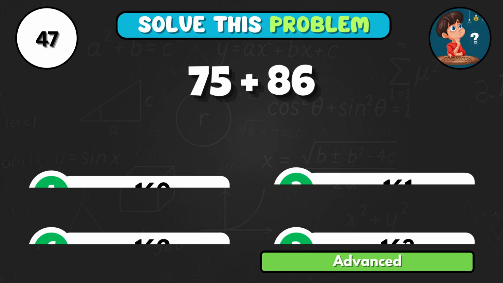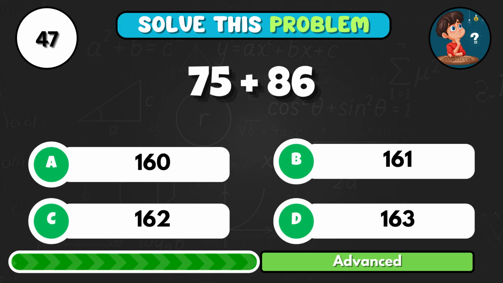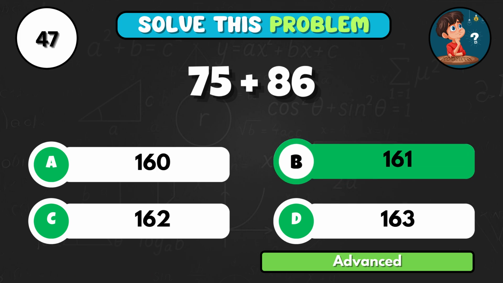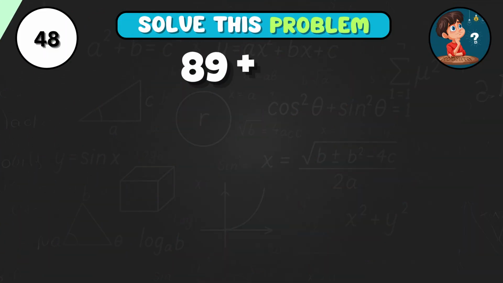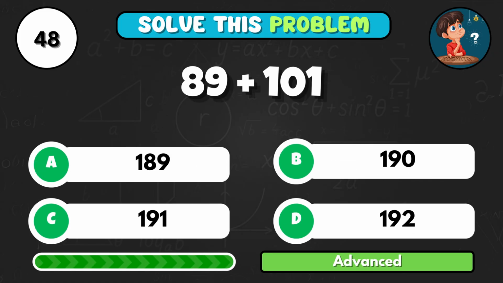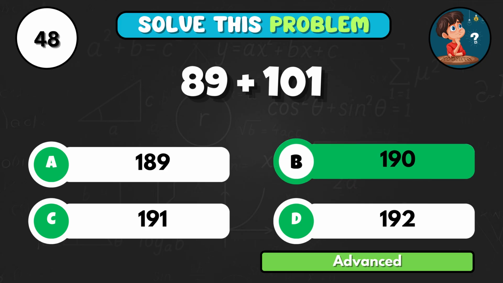75 and 86 combined equal... Option B is correct. That makes 161. 89 added to 101 gives... Option B is right.